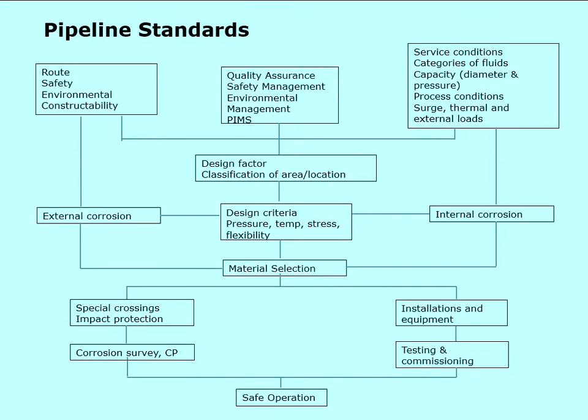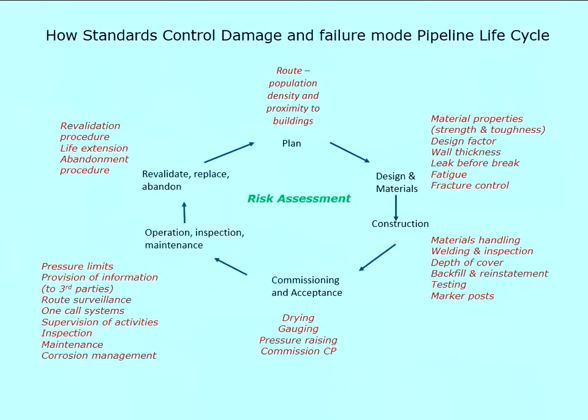And what I've done is show in red how the standards are controlling damage, and if they're controlling damage, they're therefore also controlling the likely failure mode that you're going to get, through the life of the pipeline. Okay, so if you do nothing after this lecture at all, please look at that diagram.